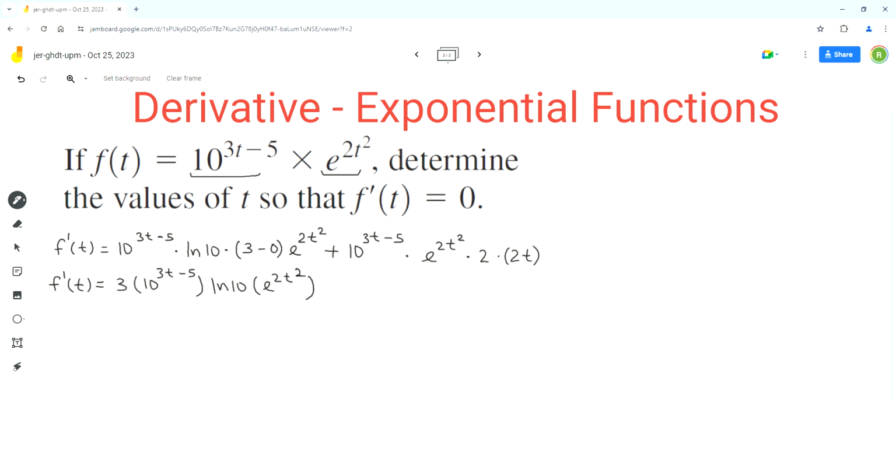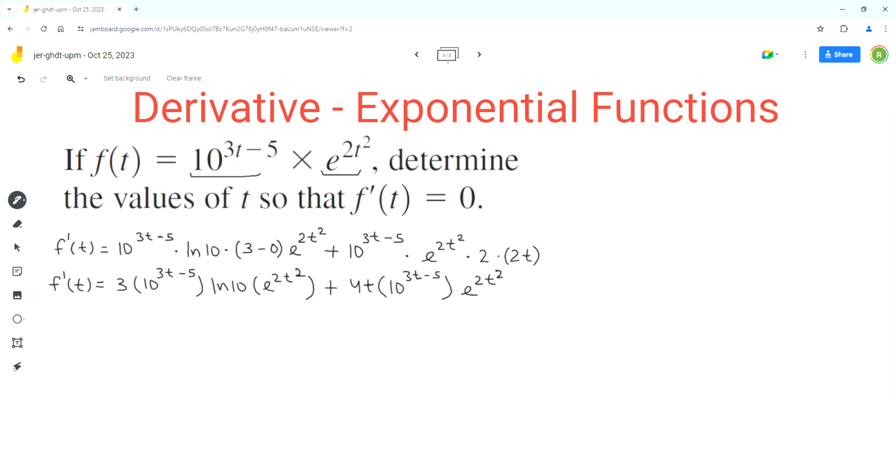So I move the 3 to the front of this term. Plus, now in the second part, we can multiply 2 by 2t, so we get 4t, times. So this is the expression we get for f prime of t.